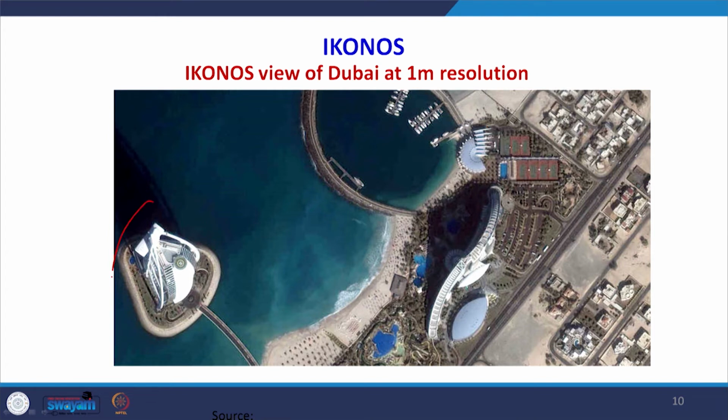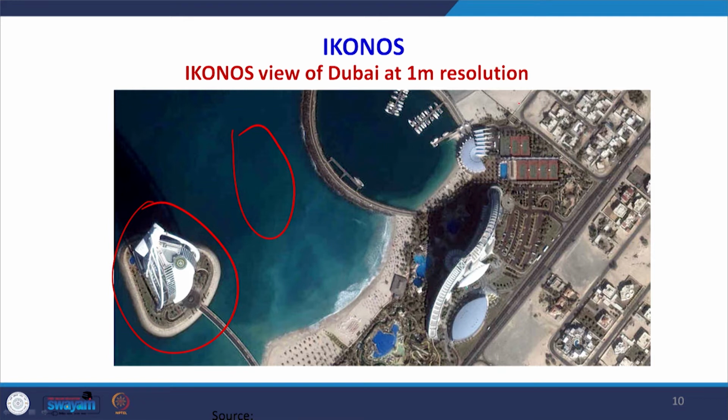One can see this very important building there and also different features all along the sea area. This is sea water here, this is all sea water, and then one can see along the coastal region all the setup, which is very clearly seen from this Ikonos data.